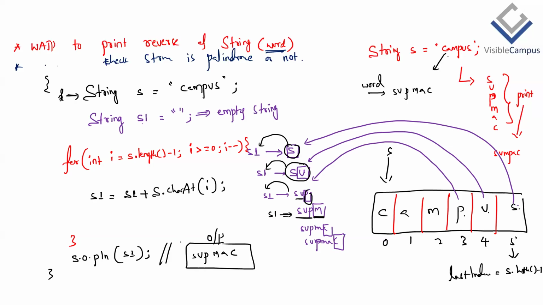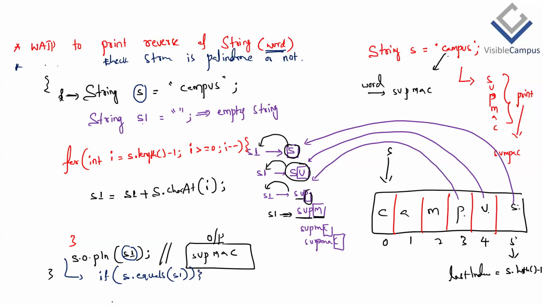Add an if condition. Inside this main method, after printing or without printing, one condition we have to add. What is the condition? If s dot equals, the original string and the reversed string are the same or not, we have to check. Correct? That's why we should use the equals method, for content comparison, s dot equals s1.